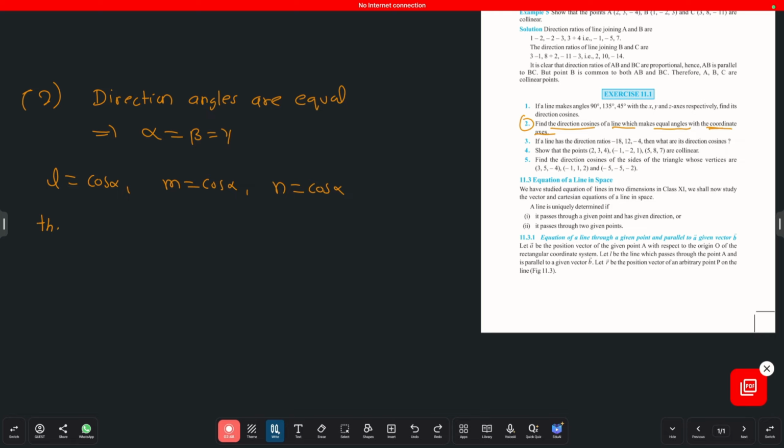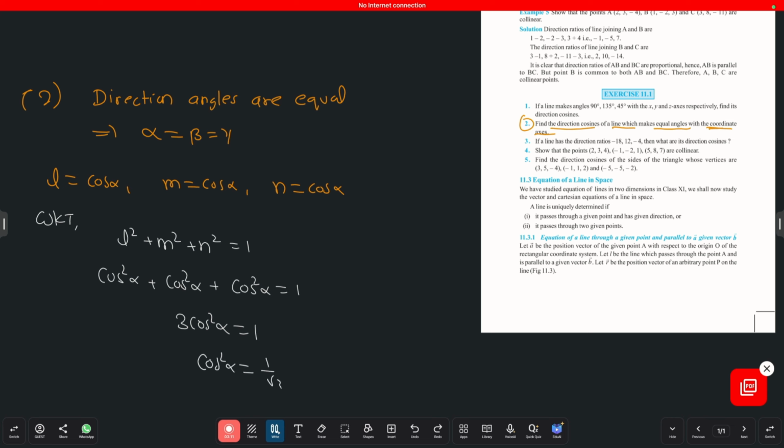Then what is the relation? You know that relation: l square plus m square plus n square equals 1. That means cos square alpha plus cos square alpha plus cos square alpha equals 1. So 3 cos square alpha equals 1, so cos square alpha equals 1 by 3.